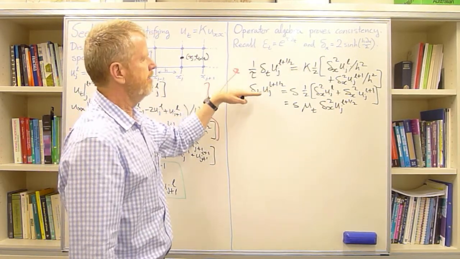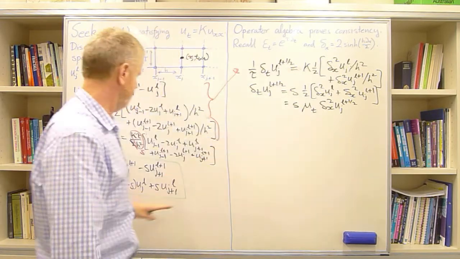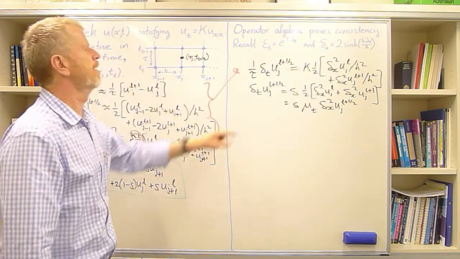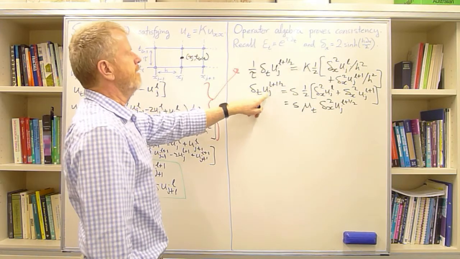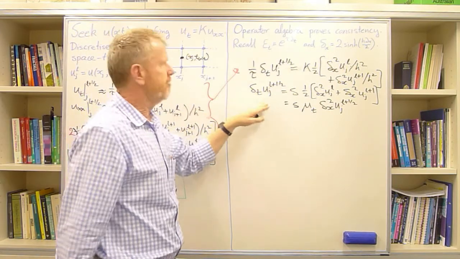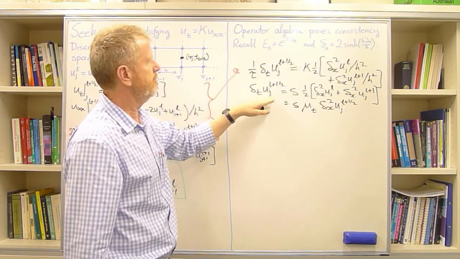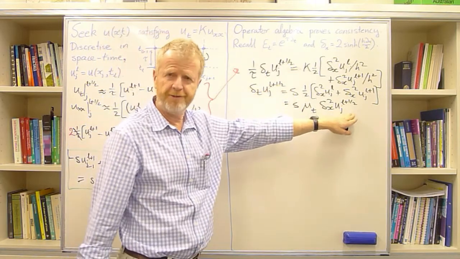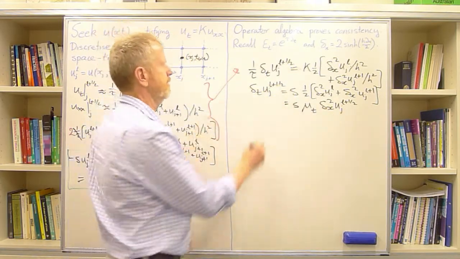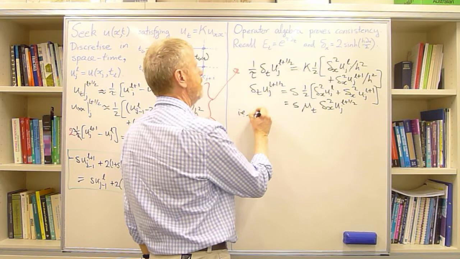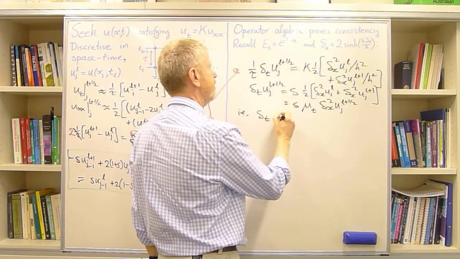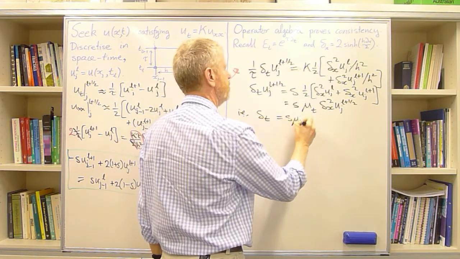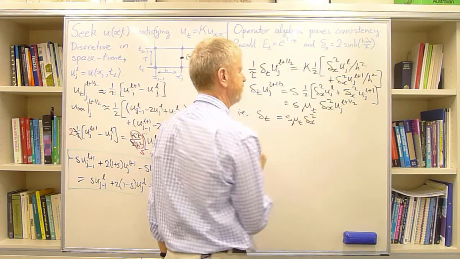Now this is our equation that's equivalent to the discretisation, and to write this as an operator equation, we just factor out the u_j^{l+1/2} that's on both sides, i.e. delta t is equal to s mu t delta x squared.